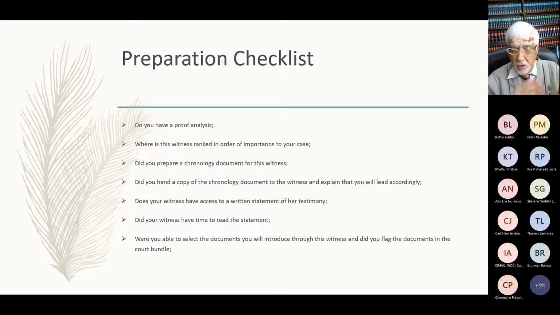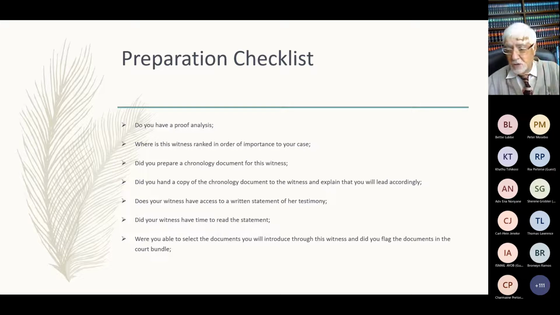You have to do that analysis with each witness. The proof analysis also includes the probabilities of the version. Where is the witness ranked in order of importance to your case? It's absolutely crucial for you to rank your witnesses. The rule is simple. Always start with the best witness you've got. Don't start with your worst witness, because by the time you call your best witness, the damage is done.